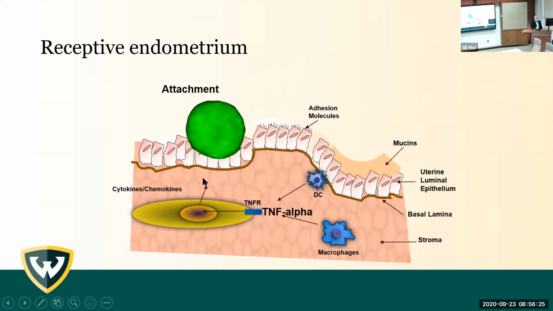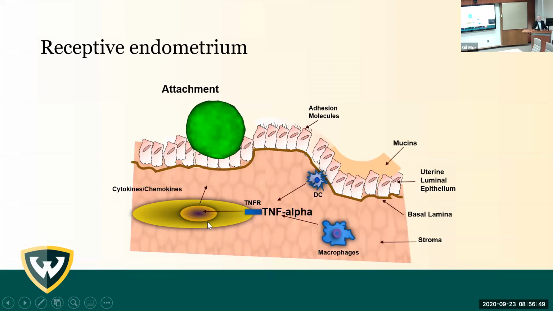The second phase, the migration and early invasion of the trophoblast, is macrophage TNF-alpha stroma cell mediated. The macrophages secrete TNF-alpha. TNF-alpha binds to its receptor, inducing the expression of cytokines. We have done a full array of all the cytokines that TNF-alpha induces.